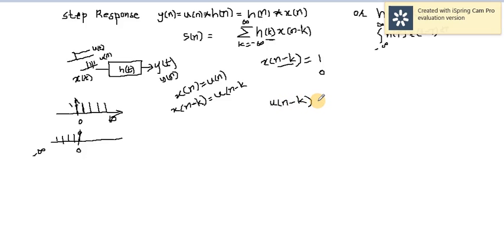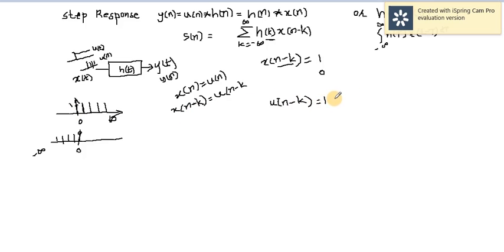This u of n minus k signal is going to be 1 when n is greater than or equal to k. The signal takes the value 1 when u of 0, u of 1, that is, whatever variable is inside the bracket has to be greater than or equal to 0.